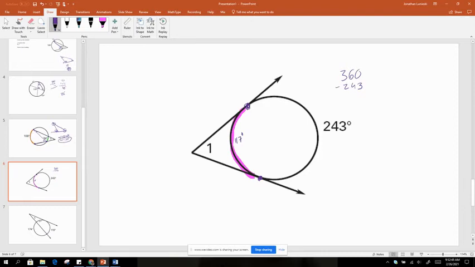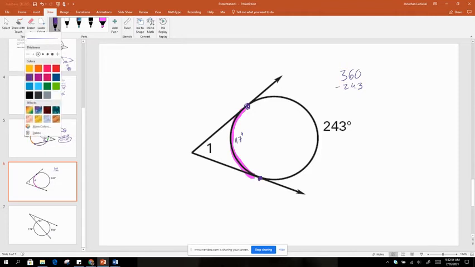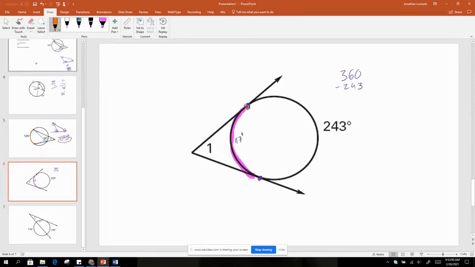So that pink arc, or purple, is 117 degrees. So similarly, what we've done before is we can create our inscribed angles. This one looks a little strange, but if I connect these two points, what you've actually done is created an inscribed angle.